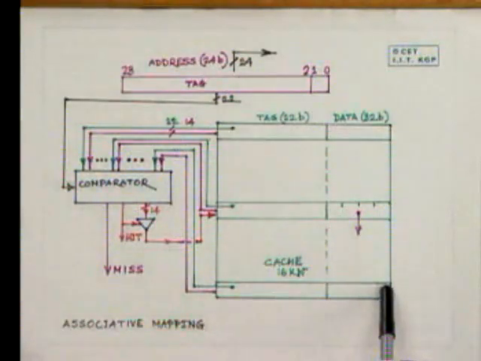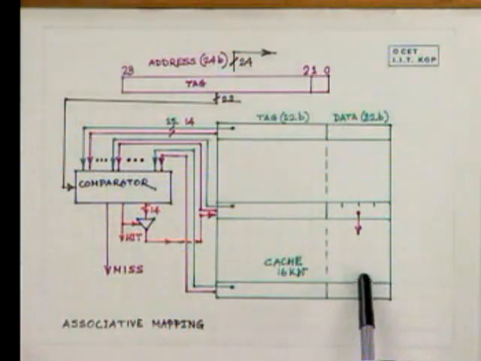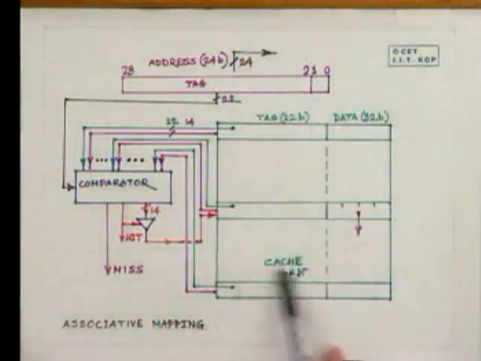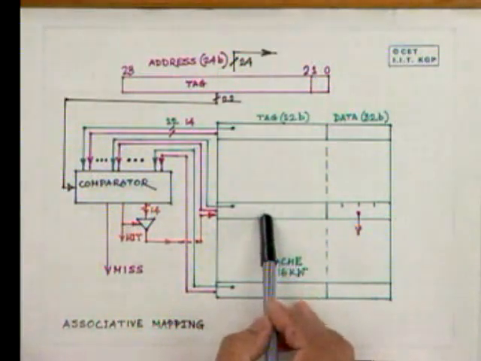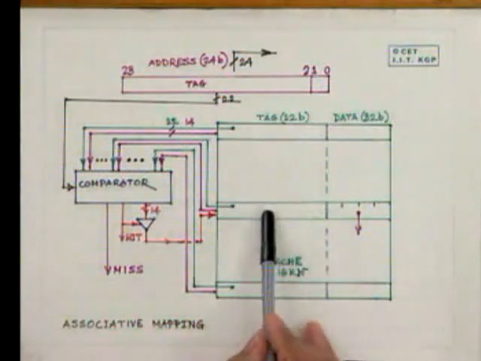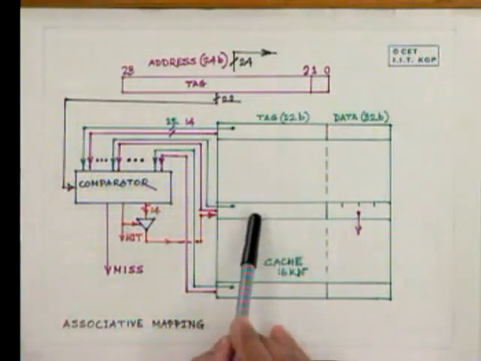which means that there should be some method, some procedure, some algorithm to find out amongst the different lines of the cache which particular line has to be selected, and whose content should be replaced by the new content.